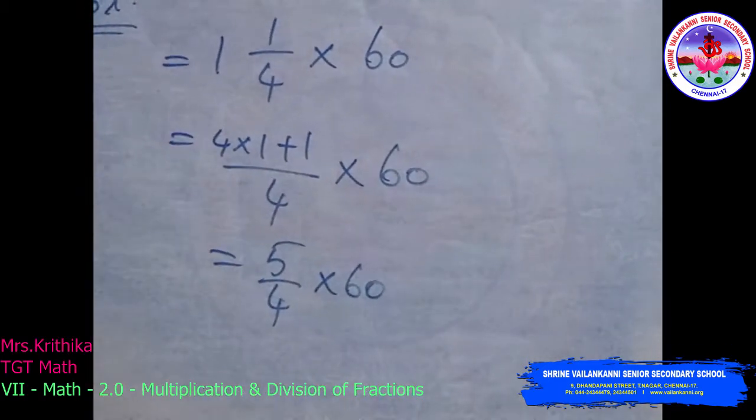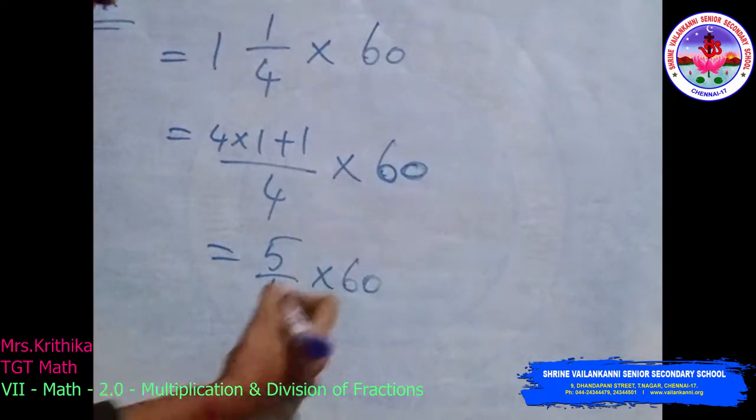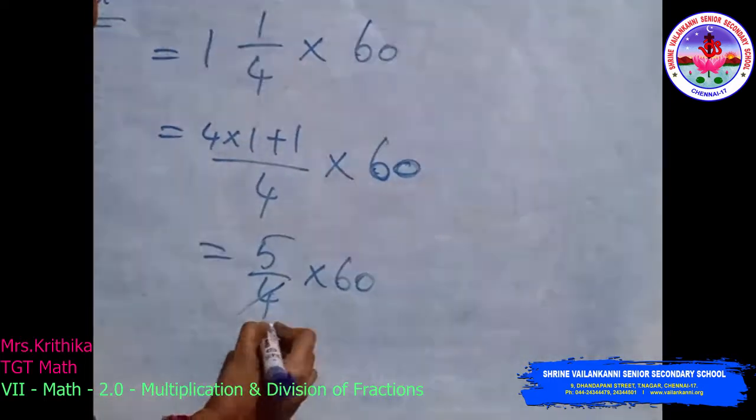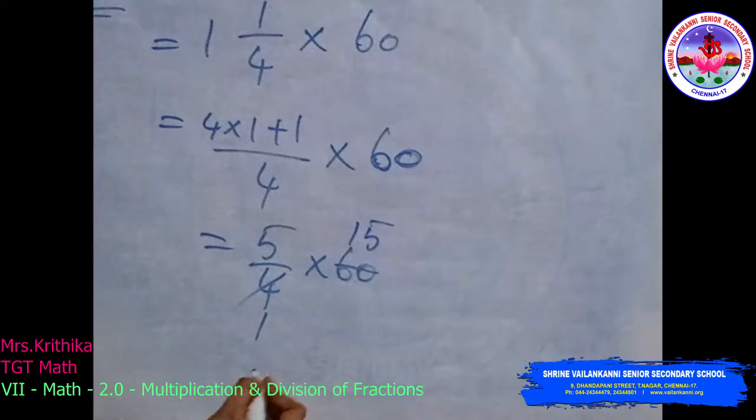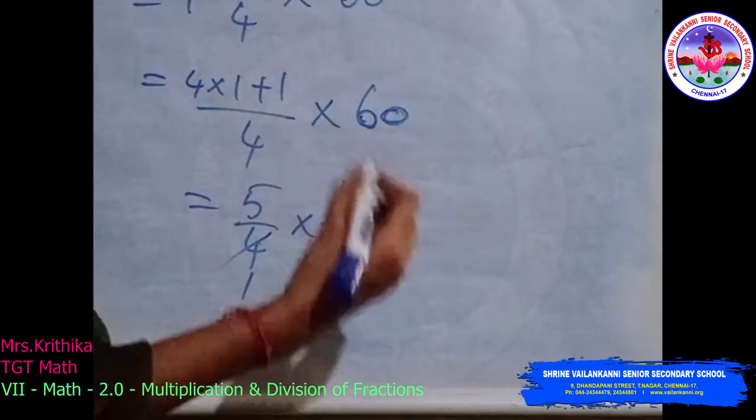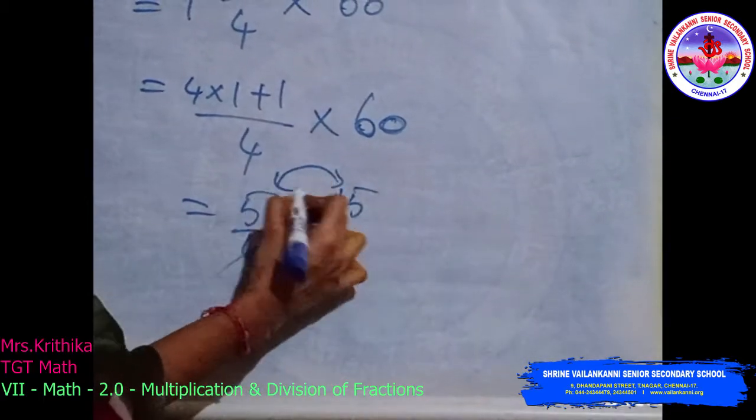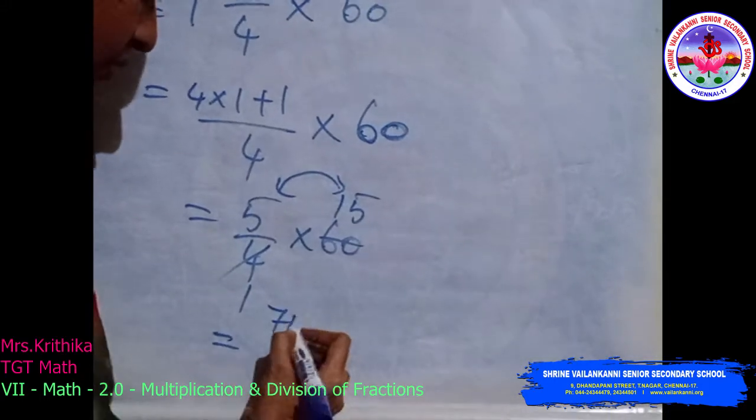Now you can use the cancel out method. 1 times. This is 15 times. The second step is multiplication. Multiply 5 into 15. 75 by 1.